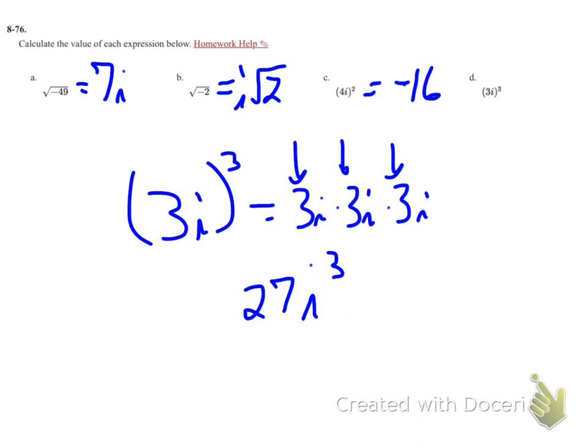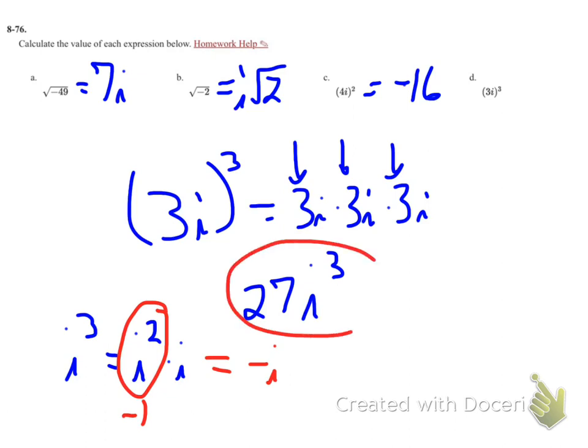So i cubed can actually be written as i squared times i to the first. This i squared is a negative 1, so therefore i cubed is going to be negative 1 times i, or a negative i.